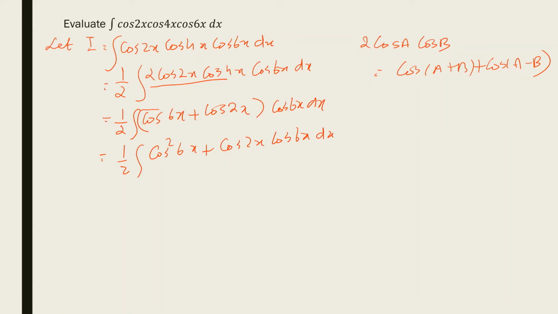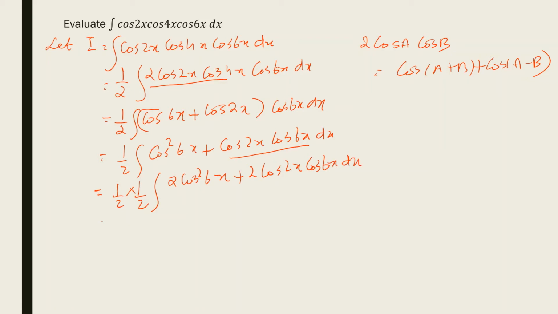Now how will we proceed? Again we got that term cos A cos B. So if you multiply by 2, then we can apply the same identity. So we have to multiply throughout, taking 1 by 2 outside, divide and multiply. So 2 cos²6x and 2 cos 2x cos 6x dx.